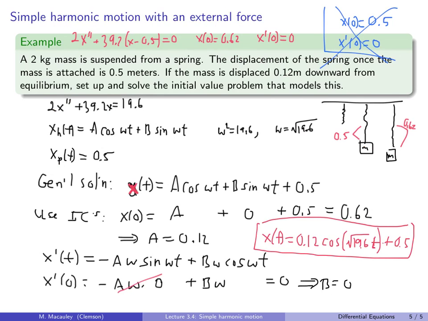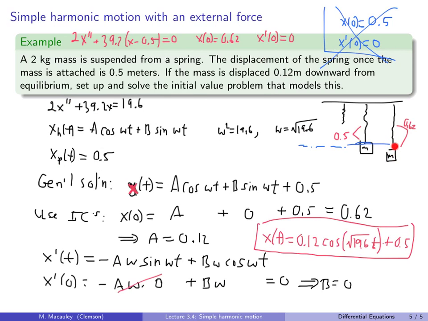So before we finish, let me point something out here. Let's make sure this makes sense. So what is this saying? This is saying that the solution, the displacement, is a cosine wave with amplitude 0.12 and starting at 0.5. And think about if that makes sense. From here, this is our equilibrium. When we pull the mass down 0.12 meters, it's going to bounce back and forth like this.